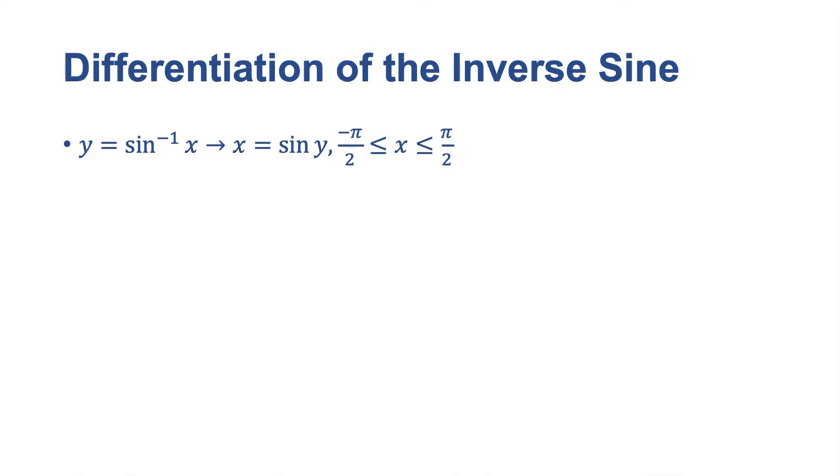We're going to rewrite this as x equals sine of y, because that's what the inverse function is. And we are going to restrict our domain here from negative pi over 2 to pi over 2. And now we are going to differentiate both sides with respect to x. So we're going to take the derivative of sine of y with respect to x, and that's going to be equal to the derivative of x with respect to x.